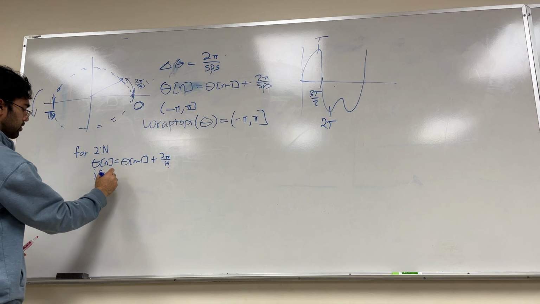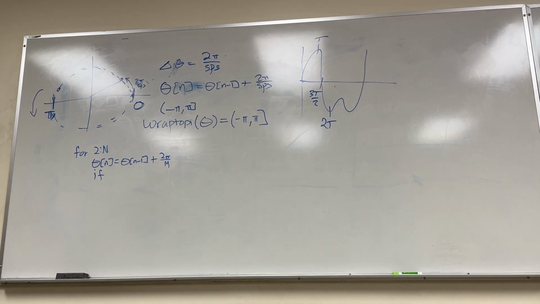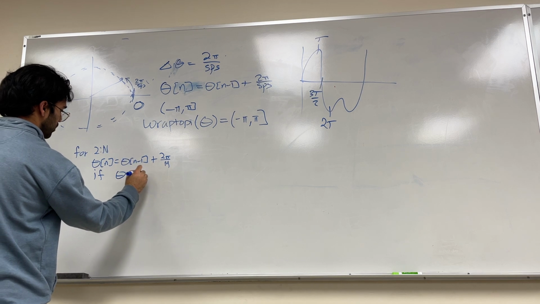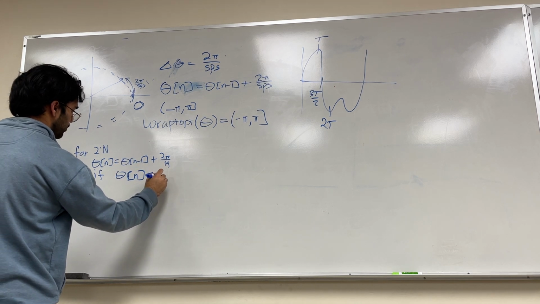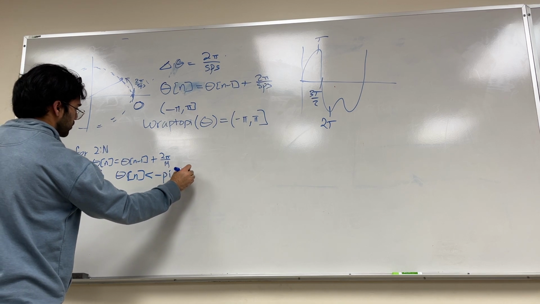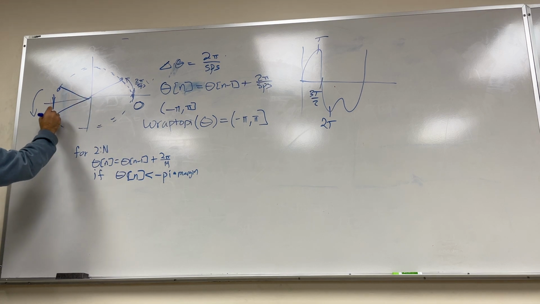So if theta of n is less than negative pi times some margin, right? Or by margin I mean it's within this range.